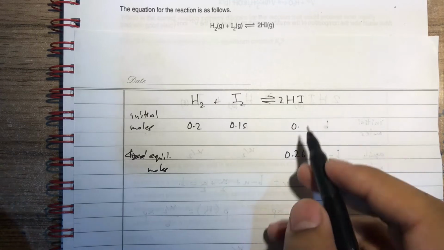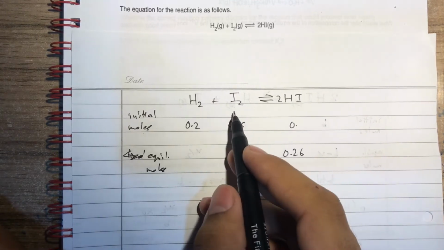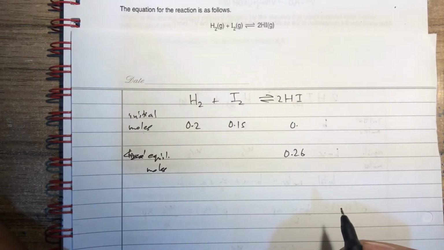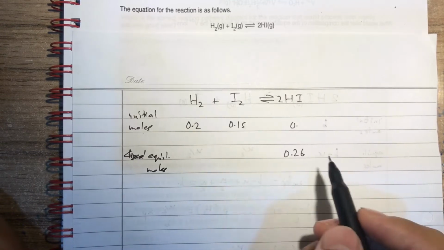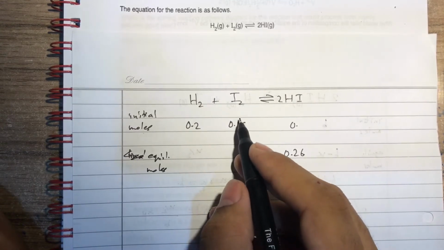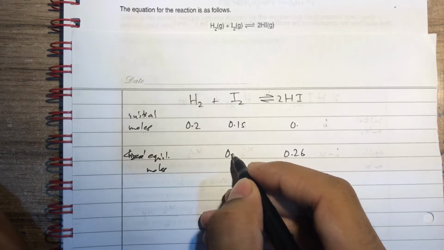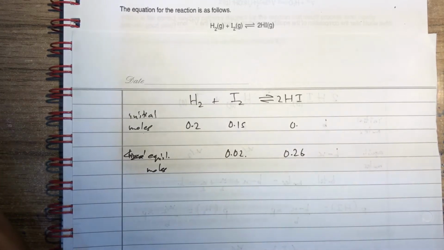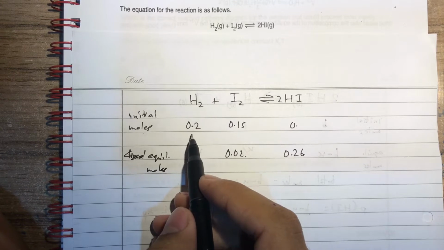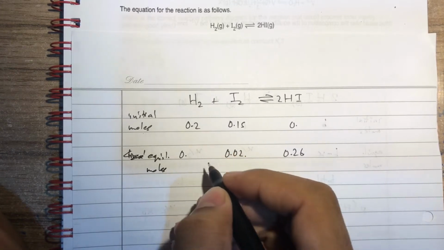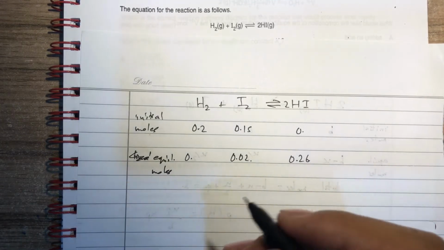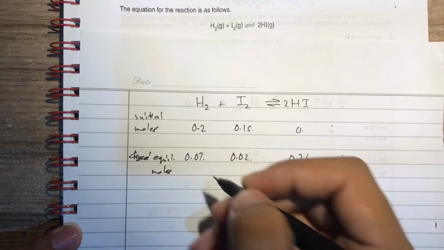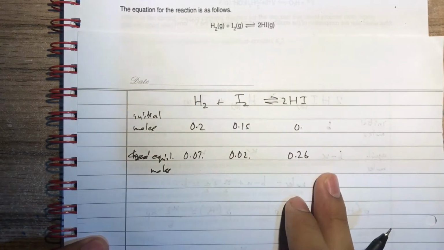So for 0.26 moles of HI to be formed, 0.13 moles of H2 and I2 must have reacted. Because it's a 1:2 ratio, if 0.13 moles of I2 reacted, we'll have 0.02 moles left, and if 0.13 moles of hydrogen reacted, we will have 0.07 moles remaining. These are the equilibrium moles.